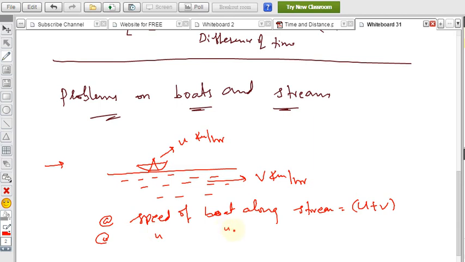This u plus v means nothing but downstream. Now the speed of the boat against the stream, upstream, is equal to u minus v. Along the stream is u plus v, against the stream is u minus v.